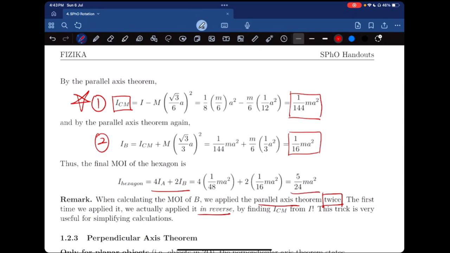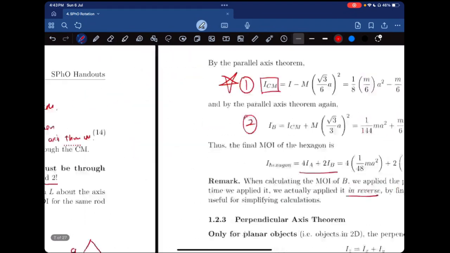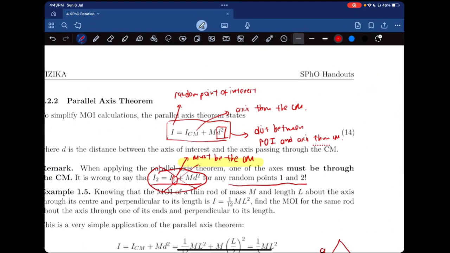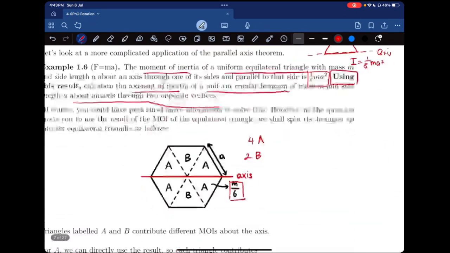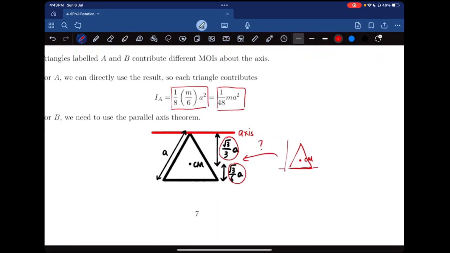Now, from this example, if you're not convinced that this doesn't work, you can try going from here directly to here, and you can see that your result will be different. So it doesn't work.